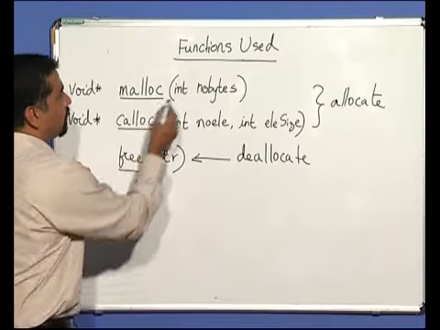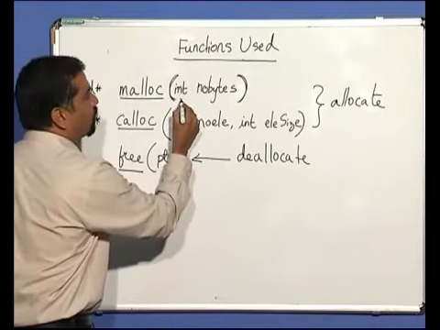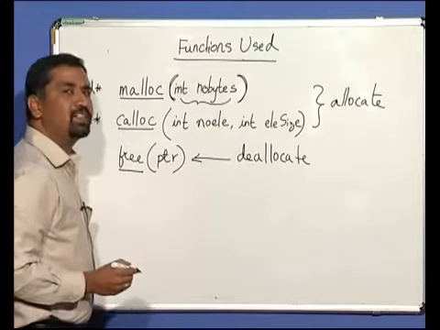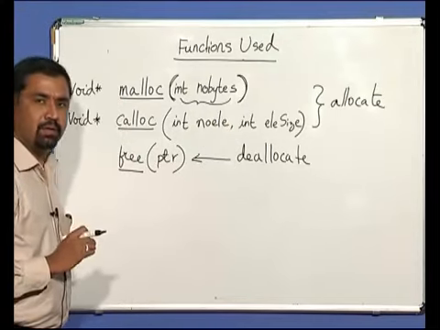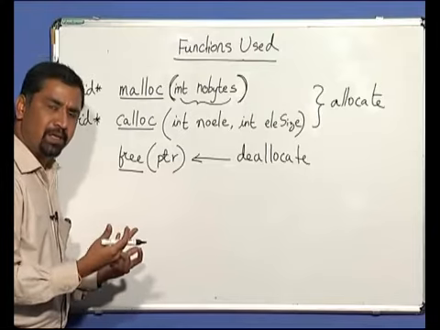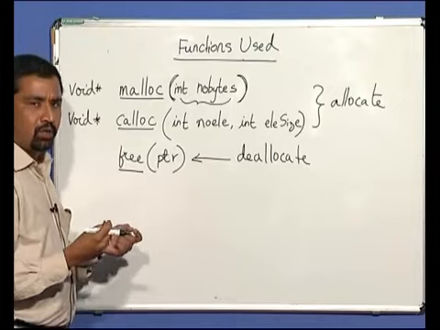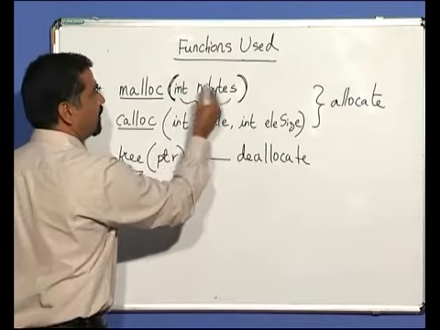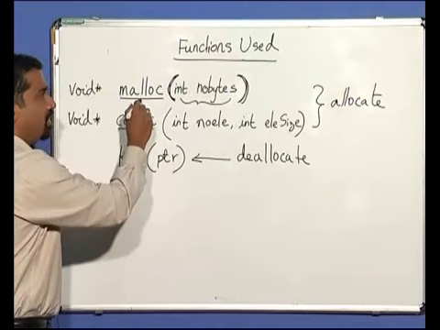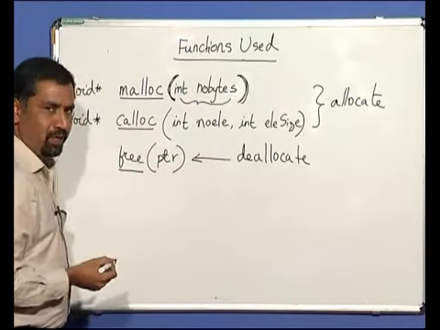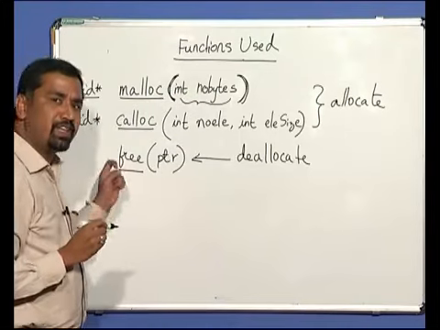Now looking at the arguments for malloc, you simply have to provide how many bytes you want to be allocated as an integer number. 10 bytes, 20 bytes, 100 bytes, whatever number of bytes that you want to be allocated, that has to be provided within brackets. And upon being successfully able to allocate the memory, malloc will return a pointer which is of type void.